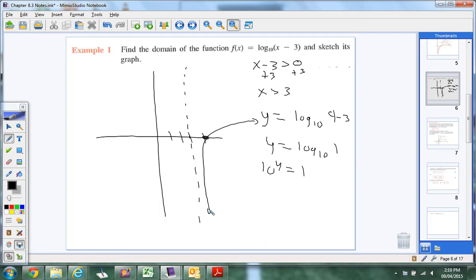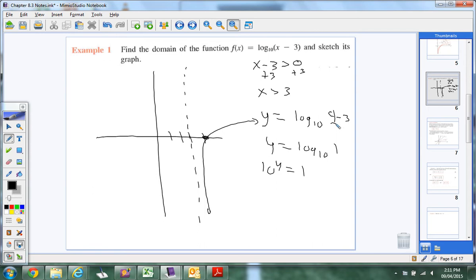It's moved over right 3. I put a 4 in for x, and 4 minus 3 gave me the 1. That's where the minus 3 makes the shift. Anything else? Great questions.